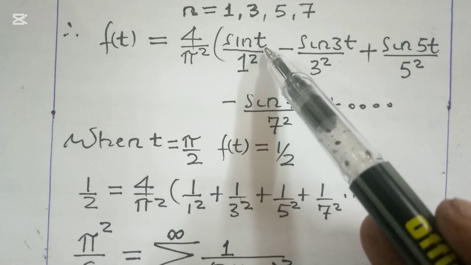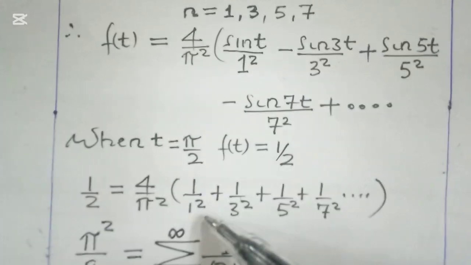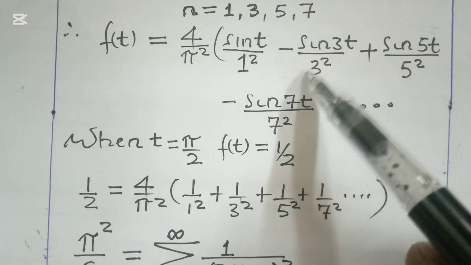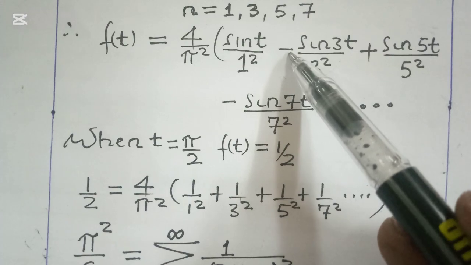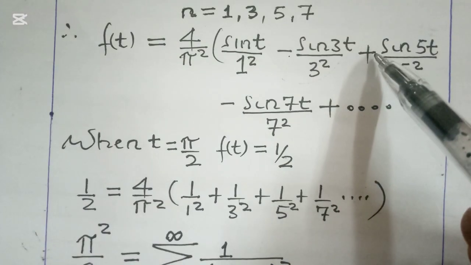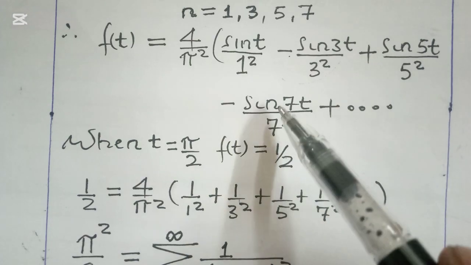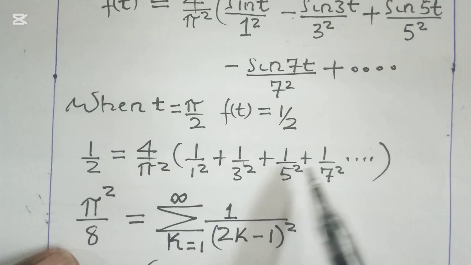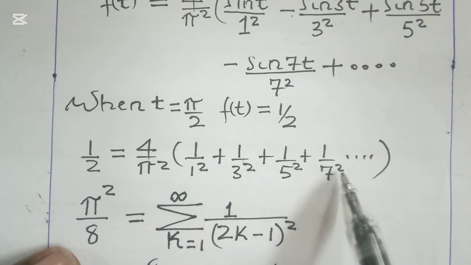Sine pi over 2 gives us 1, like that. When you come to sine 3 pi over 2, this gives us a negative, so this one turns to positive. And this one gives us a positive, so positive 1, it remains 1. This one gives a negative, so negative and negative turns to positive. So finally we shall have something like this.